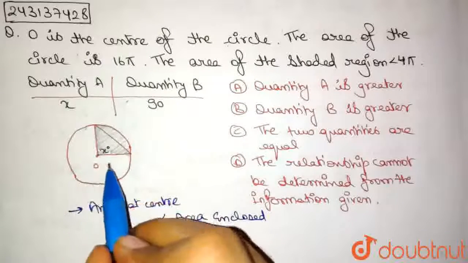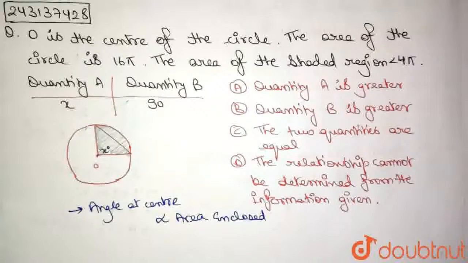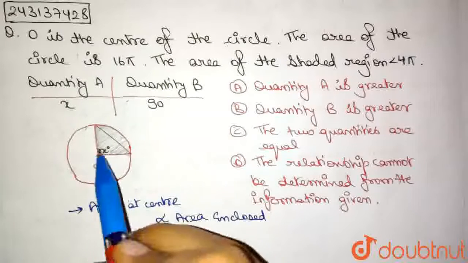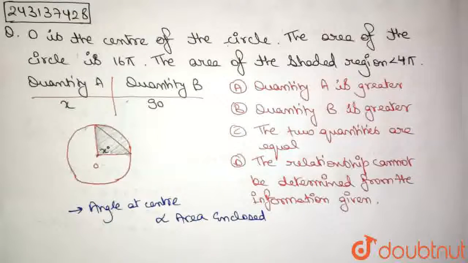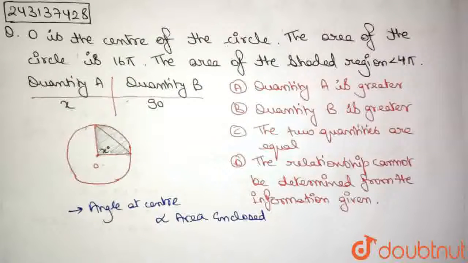For the entire circle, the angle covered at the center is 360 degrees, and the area enclosed is given to us as 16 pi. So I can say that 360 degrees is proportional to 16 pi.